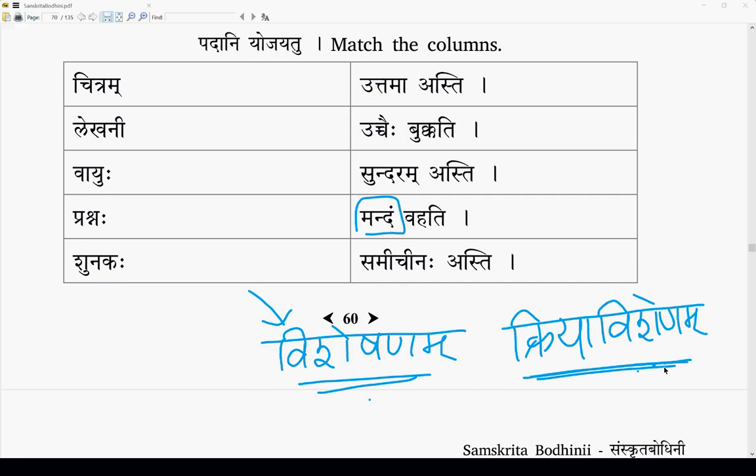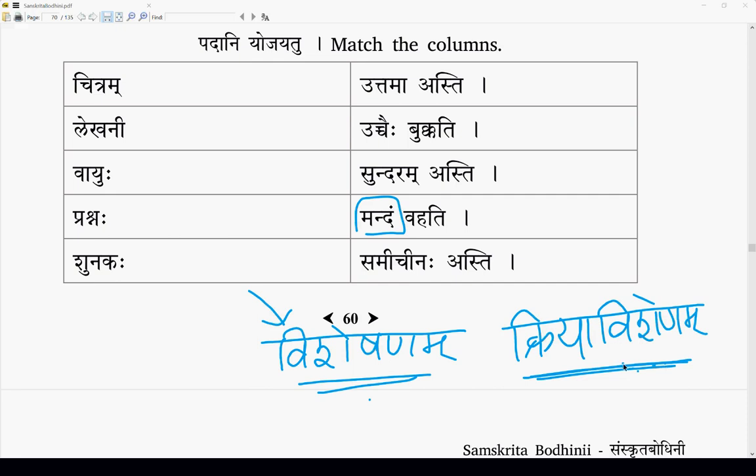Kriya Visheshanam is describing the verb. So, when you say it should be in the same Lingam, the verb doesn't have a Lingam, right? So the Kriya Visheshanam cannot be in the same Lingam as Kriya Padam, because Kriya Padam doesn't have a Lingam. So in what Lingam should this be?